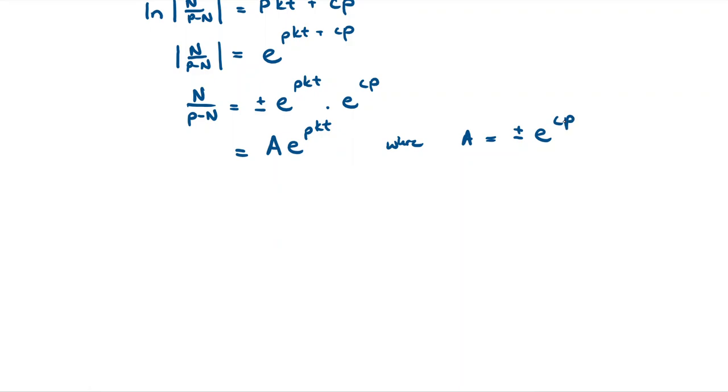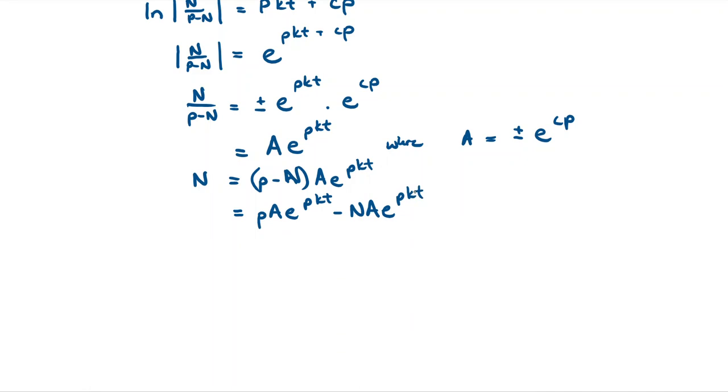All right, still not done because I need to get n by itself. It's going to be a bit more of a problem than we think because there's 2 n's in that equation. So let's times the denominator across the other side, and we get n equals p minus n, sorry, capital N, times a e to the pkt. If I expand that out, that's p a e to the pkt minus n a e to the pkt.